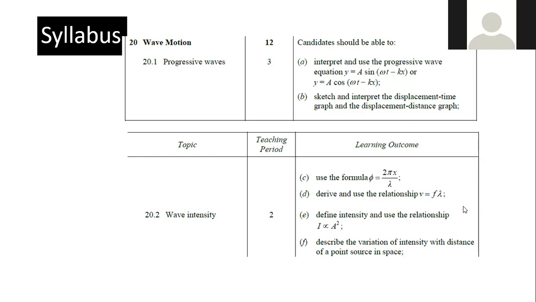Basically all these formulas, you have to know how to use them. And then if we have time, we go to wave motion: I is proportional to amplitude squared, define intensity, and describe the variation of intensity with distance from a point source. Now we are interested in a point source in space as well.